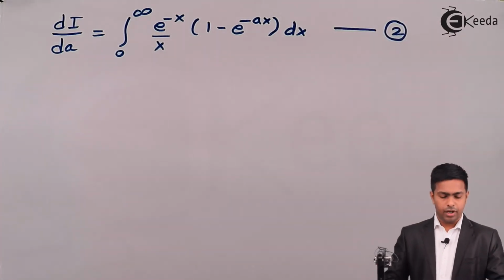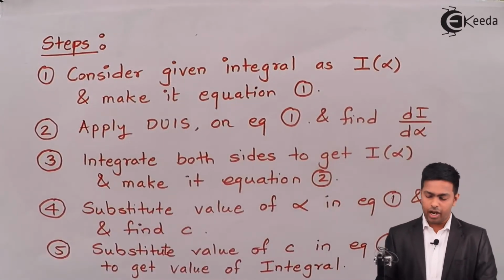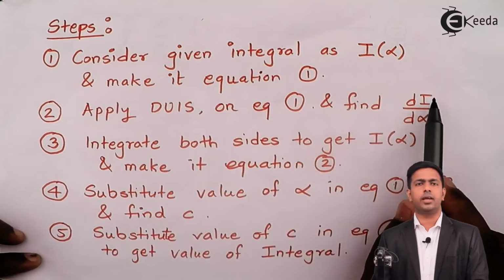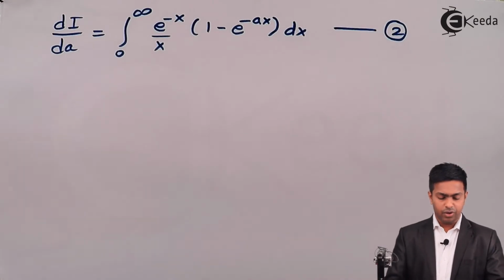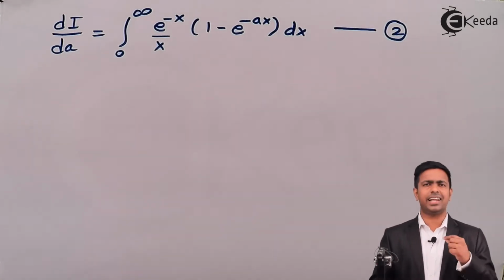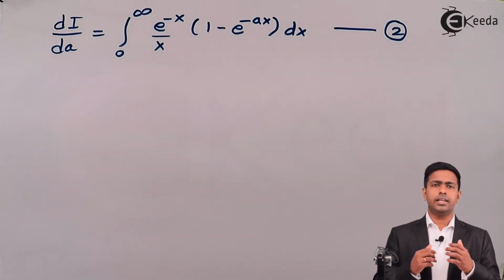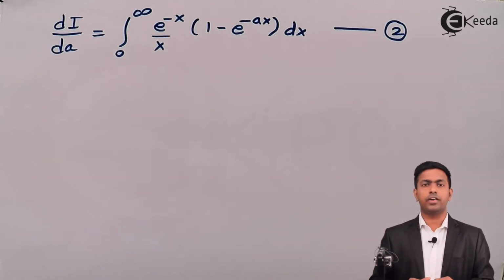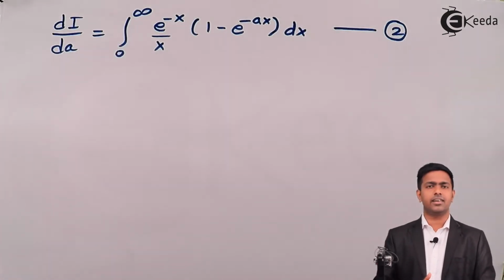If you see our step number 2, we have to apply the DUIS on equation number 1 and find the value of dI by d alpha, that is dI by dA in our case. Now we have applied the rule of DUIS on equation number 1, but we did not get the value of dI by dA, because here we still have to evaluate this integral.